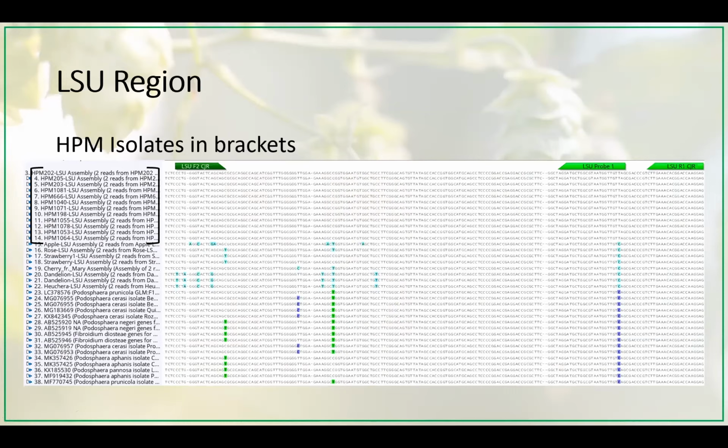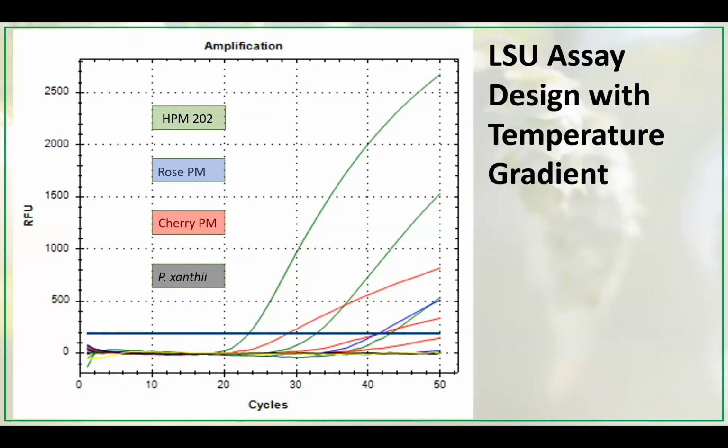So we ended up testing this assay, and unfortunately there was some non-specific amplification with this design that we had. And this is a relatively common thing, as you're more likely to have non-specific amplification when you're only working with one SNP. So the hop powdery mildew is here in green, and then cherry powdery mildew, which consistently seems to be a problem organism for cross-reacting, ended up cross-reacting here.